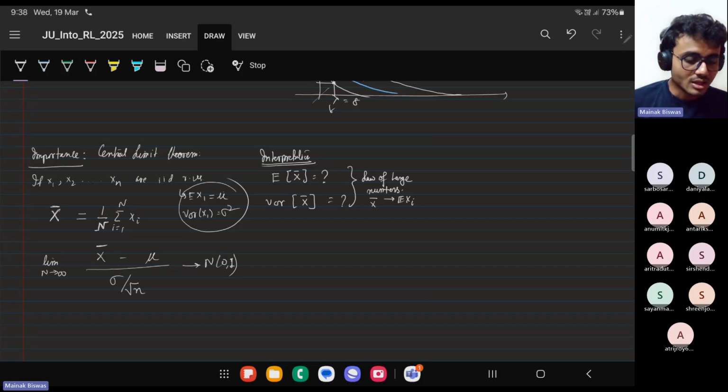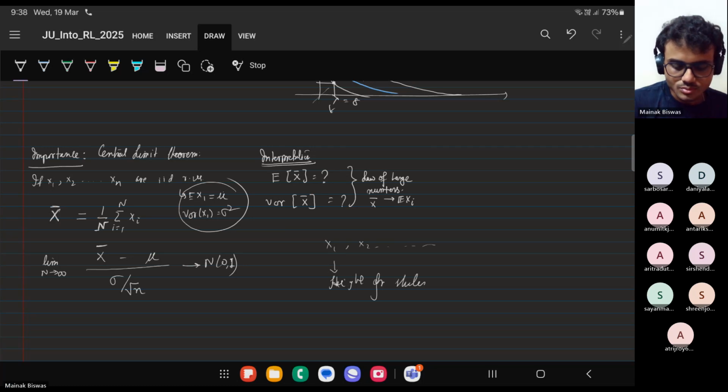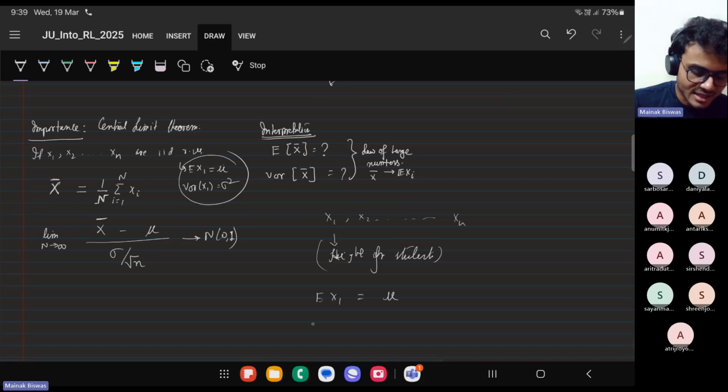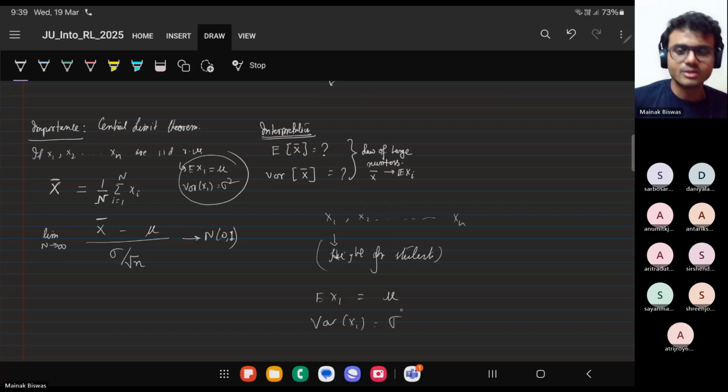So if x1, x2, up to xn is data that you have, say heights of students in a class, these are IID heights, and each random variable has a mean mu and variance of x1 is sigma squared.